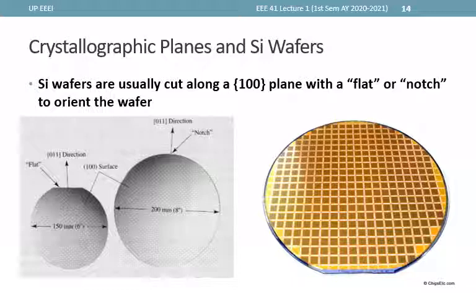And also, most of the processing happens from the top surface, or the chemical reactions happen with the top surface, and so having this notch right here actually specifies that the surface of the silicon wafer is along the 100 direction.